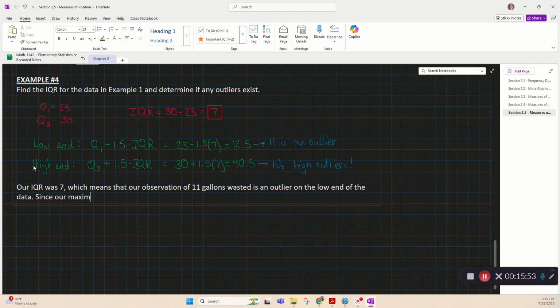Since our maximum is 35, there are no high outliers. So 11 is low. It is unusually low. It's an outlier. But 35 is the max. Well, we need it to be 40.5. So there's nothing that's unusually high.